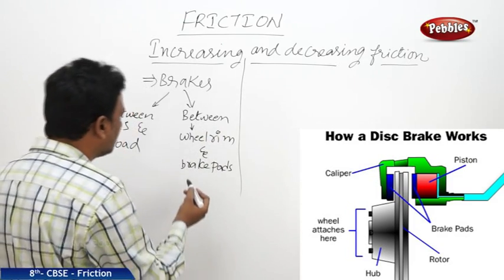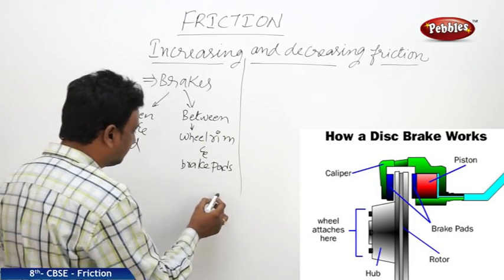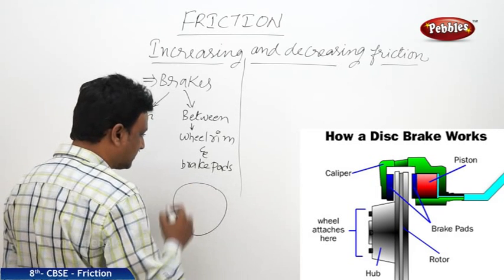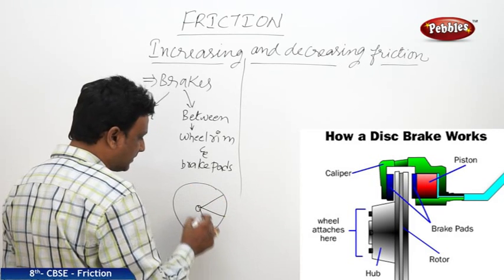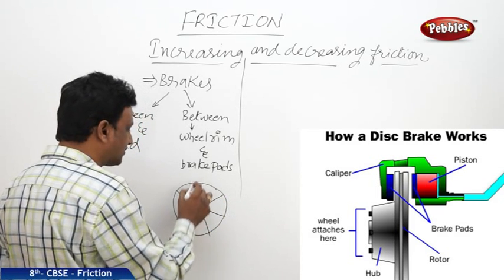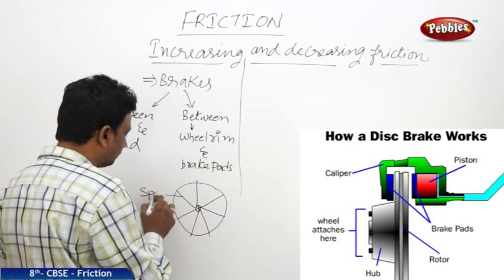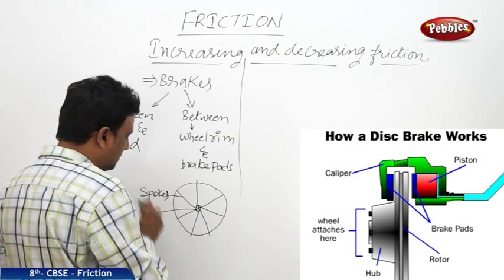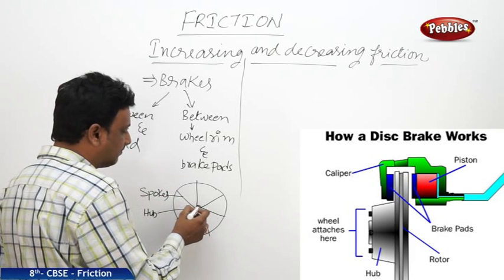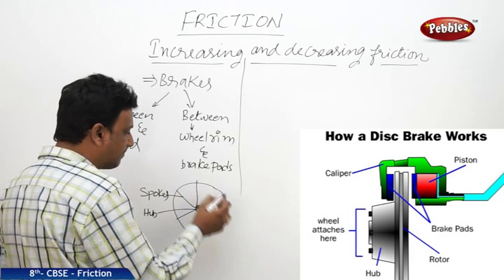I'll explain it to you. You might have seen a cycle. This is the cycle. This is the cycle hub. These are the spokes. And this is the hub. Anyway, we don't have any parts in this hub if it is a cycle. This is the rim.